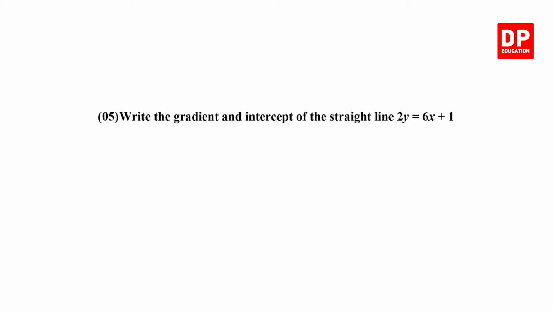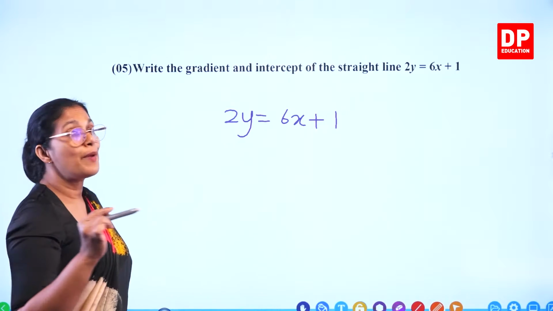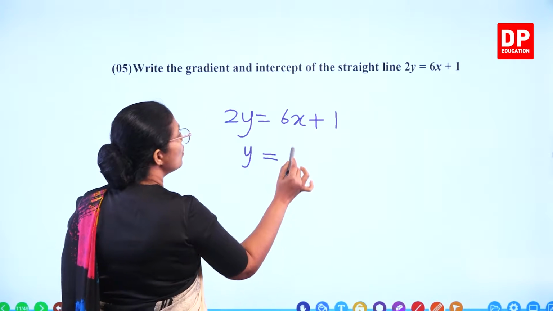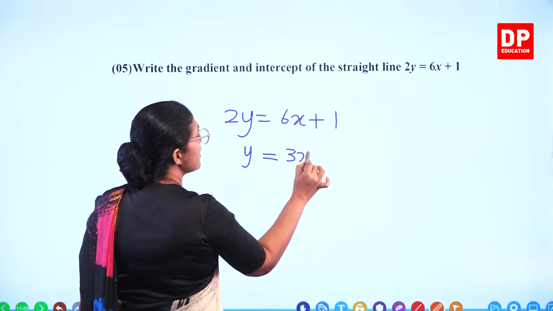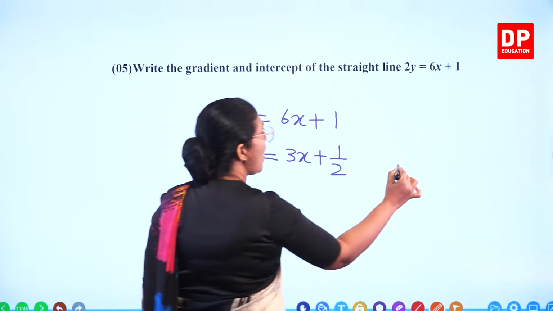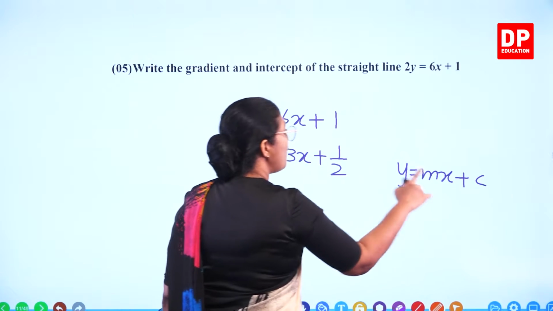Question number 5. Write the gradient and intercept of the straight line 2y equals 6x plus 1. To find out the gradient and y-intercept, you have to make y as the subject. So divide the whole equation by 2. 6 divided by 2 is 3x. 1 divided by 2 is half. Now we know this is like y equals mx plus c form. m is the coefficient of x.